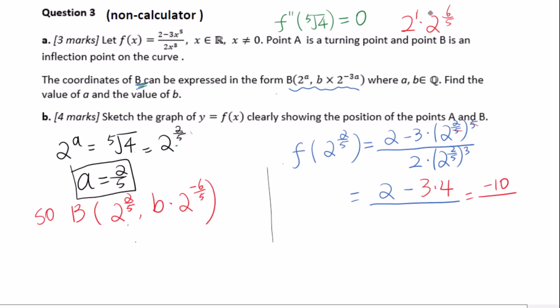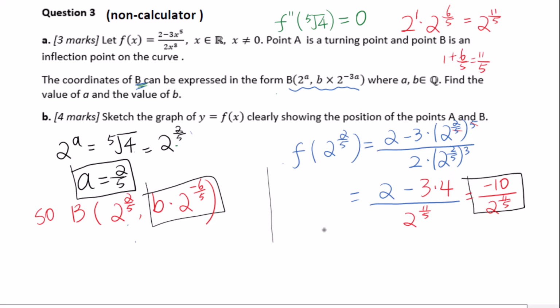This is 1. 1 plus 6 over 5 will be 2 to the 11 over 5 power. So 2 to the 11 over 5 power. Setting them equal to figure out b: b times 2 to the negative 6 over 5 equals negative 10 over 2 to the 11 over 5 power.